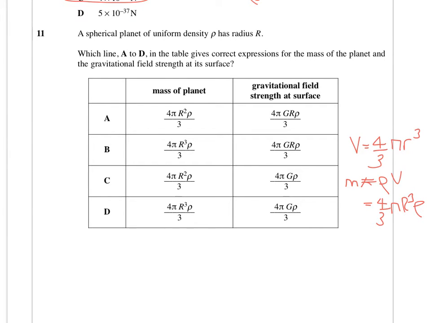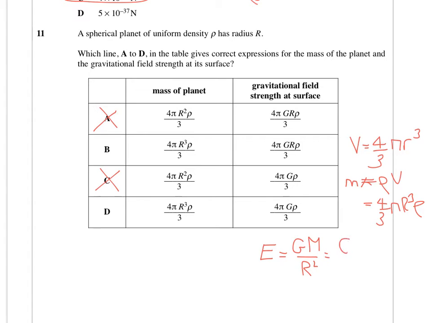So we can already eliminate A because it's got r squared, not r cubed. Same for C. So it could be either B or D at this point because they both give the correct mass.